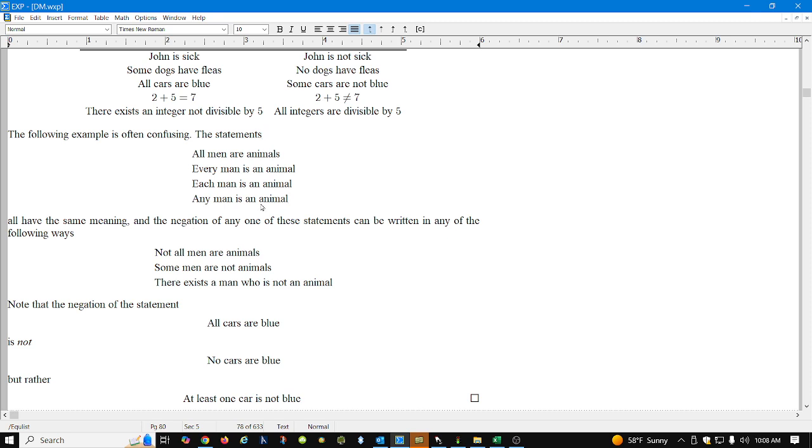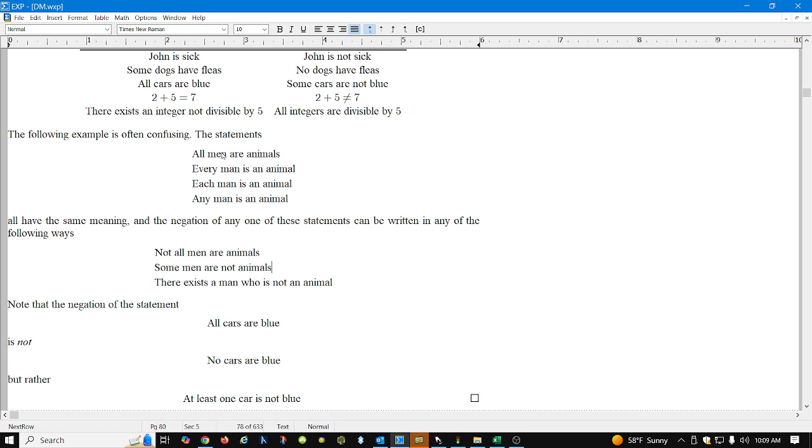Their negation can be written, not all men are animals. That's sort of a direct negation of all men are animals. You could have written here, it is not true that all men are animals. Some men are not animals.